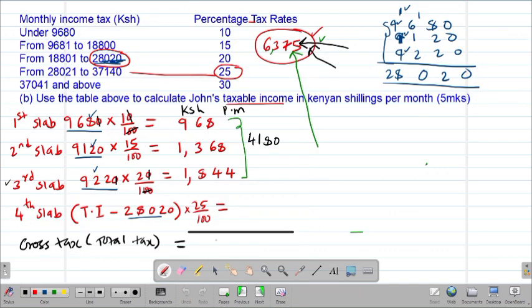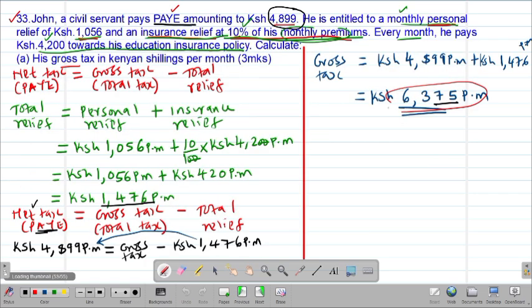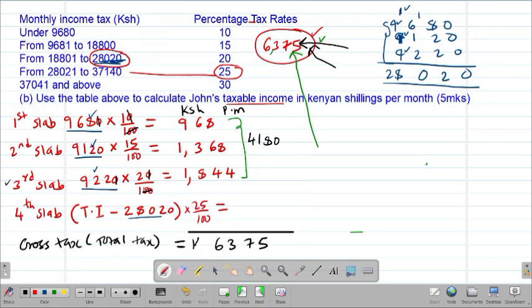The gross tax was in Kenya shillings per month, so this one is still in Kenya shillings per month, 63.75. To get the remaining amount here, we'll take 41.80, which is the total of this plus this plus this, then subtract from the gross tax.